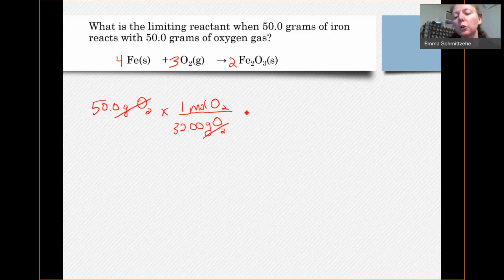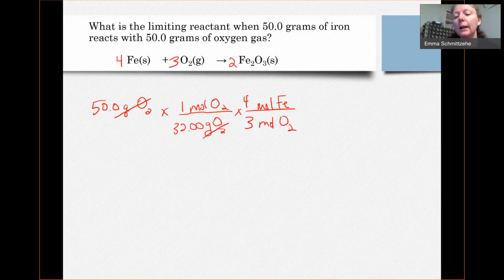Now I can convert my moles of oxygen to moles of iron. That way I can figure out how much iron I need in order to react with this oxygen. So I look at the reaction, and there is a 4 with iron, and there's a 3 with oxygen.